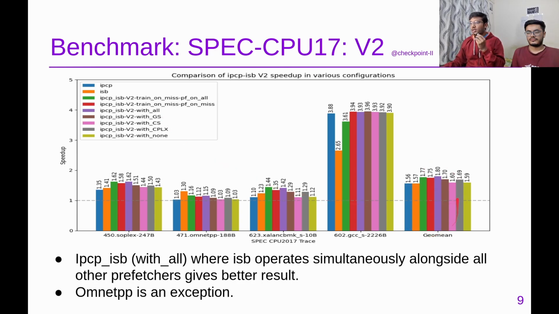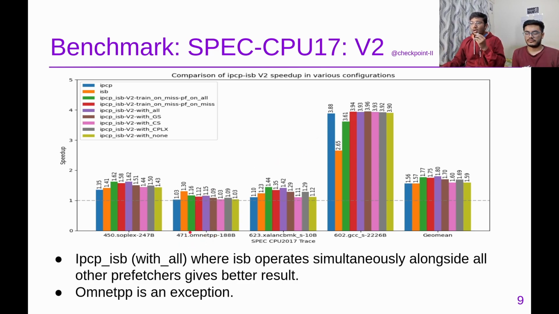From the graph we can see that this violet one, the all configuration, is giving us the best speedup compared to IPCP and ISB single-handedly. But one thing to note is that with GCC we got better performance with the combined one against ISB, but in the case of Omnet++, this is an exception.